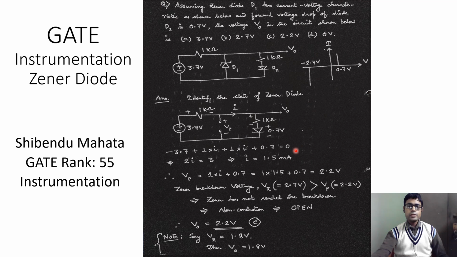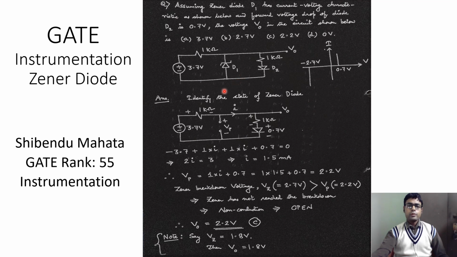In that case, you find that Vp, which is 2.2 volt, exceeds the Zener breakdown voltage. And so the Zener diode will then move into its conduction mode in the reverse region. The output voltage will get locked to the breakdown voltage of the Zener diode. So the output voltage V0 will then be equal to 1.8 volt.